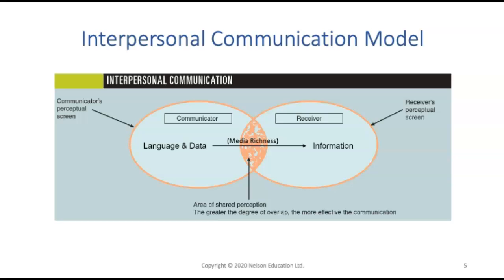And then probably the poorest way to communicate, which I have alluded to earlier, is maybe a text message or an email, because it's very hard to understand sometimes what people are saying. And similar to the last slide, the greater the overlap between the communicator's perceptual screen and the receiver's perceptual screen, the better the information is communicated.